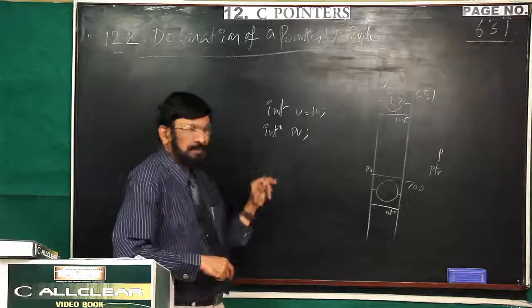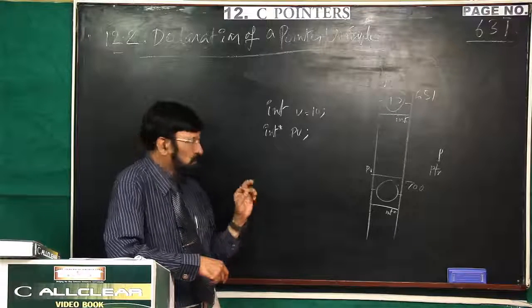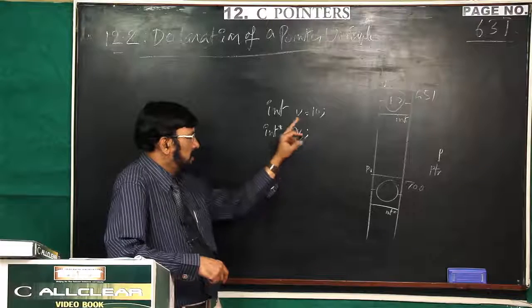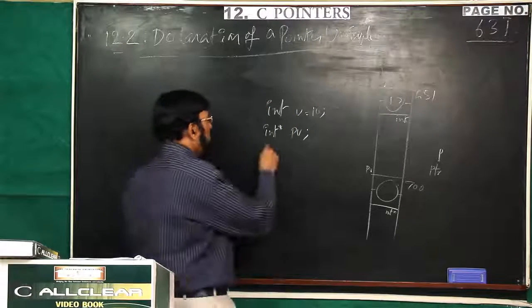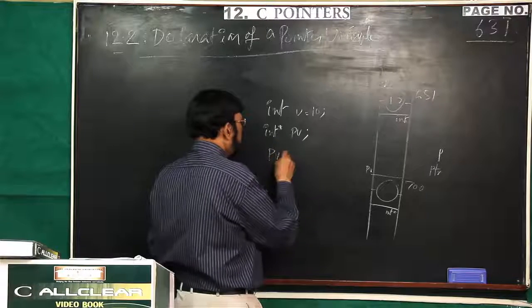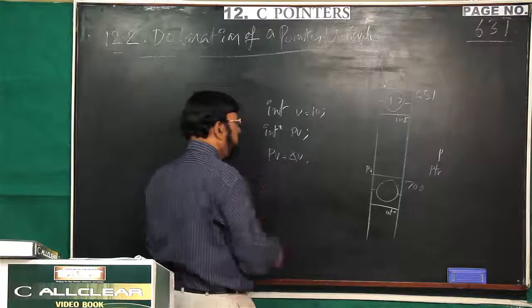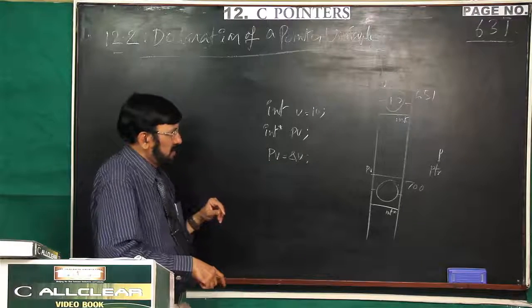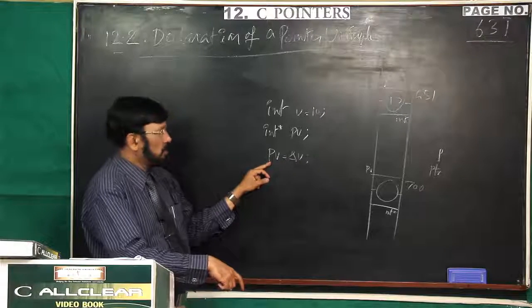What is the purpose of PV? The purpose of PV is storing the address of another variable of integer type. Now, what can PV store? It can store the address of V. Now you see this assignment, what happens?